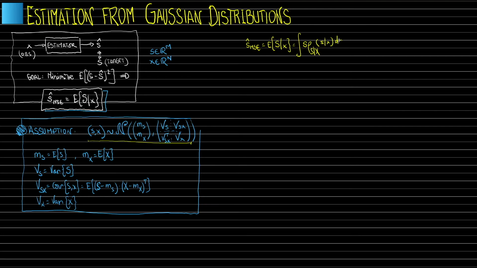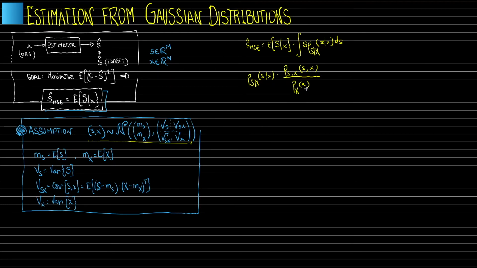So we need to identify the posterior distribution. Well, by looking at the joint distribution, the posterior is computed as the ratio of the joint distribution and the marginal distribution. Okay.